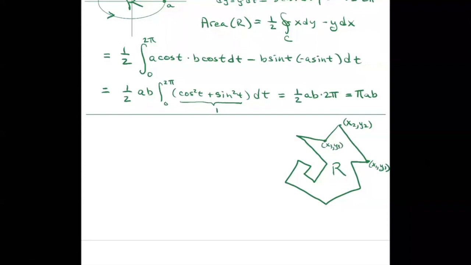Okay. And notice I'm going in a counterclockwise orientation. If you go clockwise, what do you think will happen to the area? Anybody?